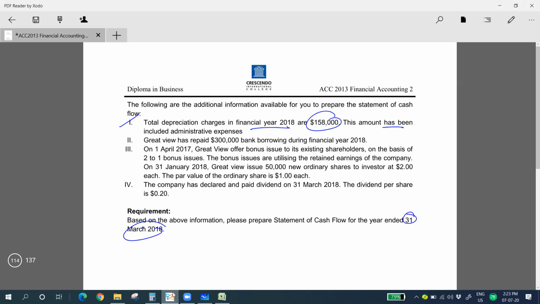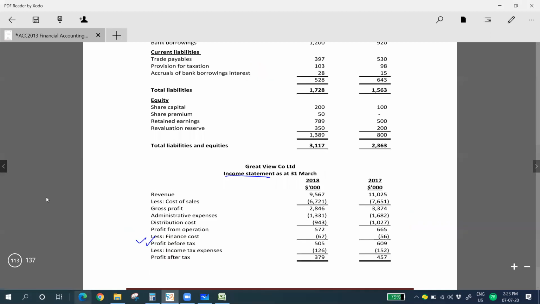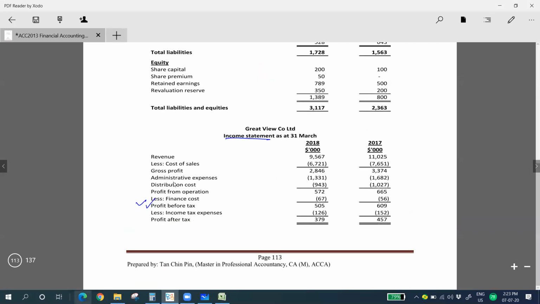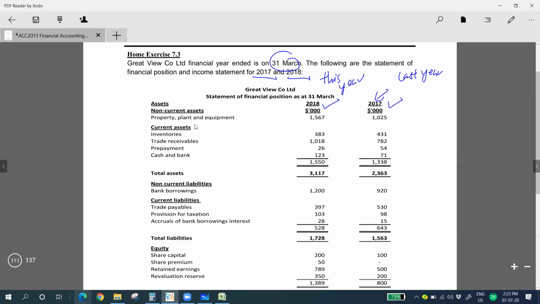This amount has been included in administrative expenses, meaning that in the administrative expenses here, we have included the depreciation. So obviously, this transaction, they want us to do some working on the property, plant, and equipment. And in this exercise, you can see that we are given a net amount.